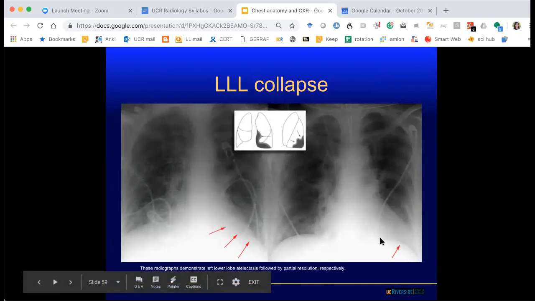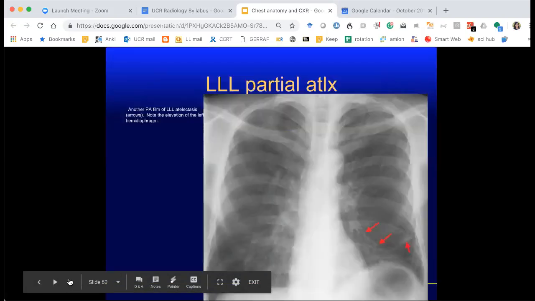And we see it recover here after the patient has some pulmonary toilet with, you know, inspiratory spirometer, probably pulmonary therapy. But you see the hilum being pulled down, and then in the normal retrocardiac region we sort of lose it because the left lower lobe has collapsed.